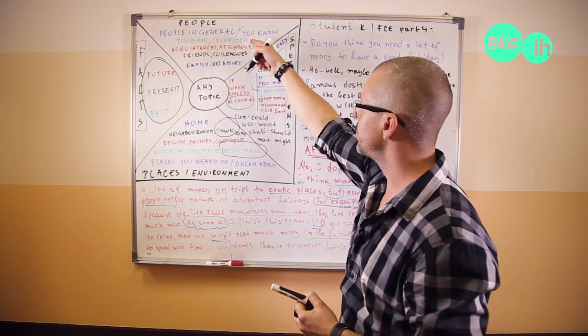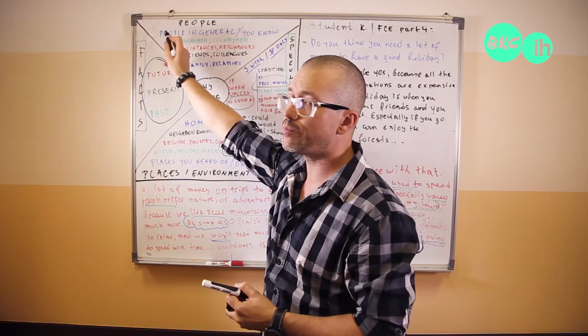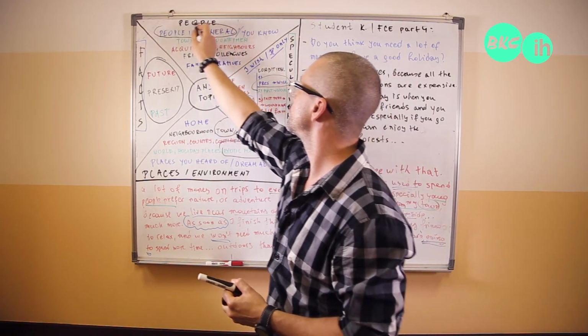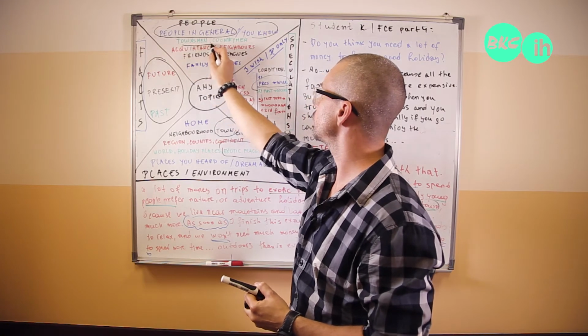And over here, in the people's column, he circled people in general, people you know, and then he went to townsmen, countrymen.